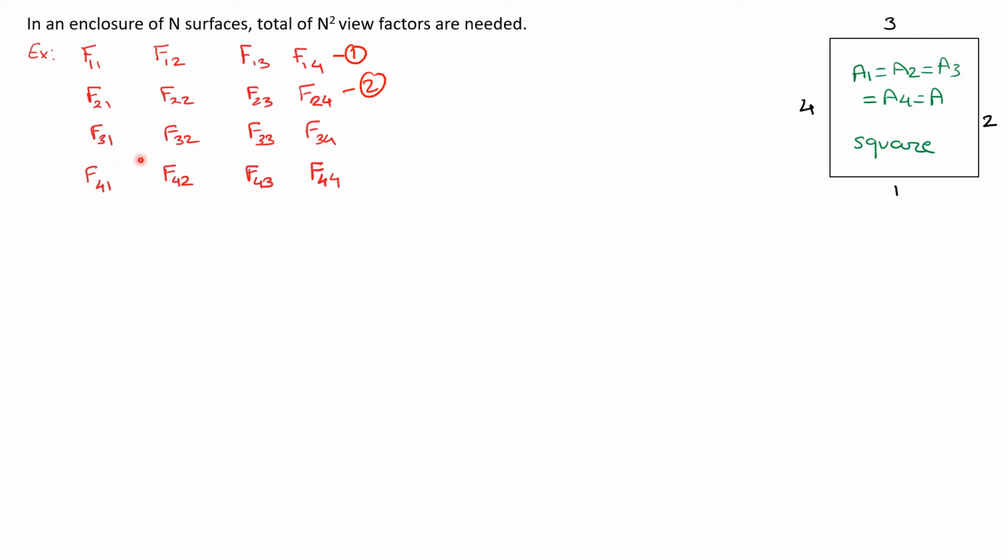So that's why you have F31, F32, F33 and F34. And in the fourth one you have how much radiation emitted from 4 is intercepted by the other three surfaces. In this case you have all the F_ii or F_jj as diagonal terms. So you have F11, F22, F33 and F44 as diagonal terms.